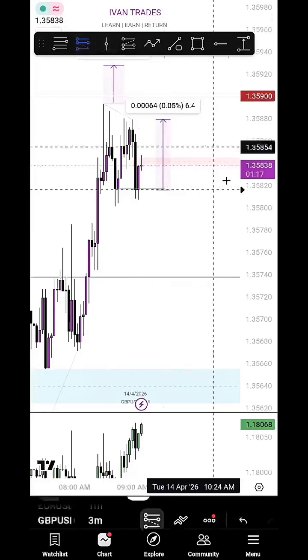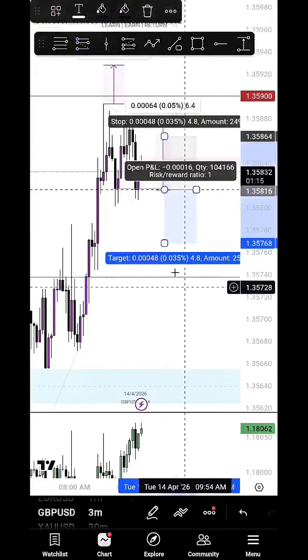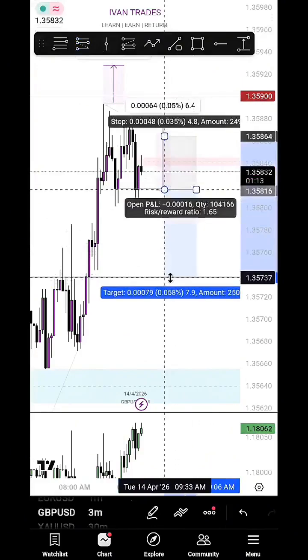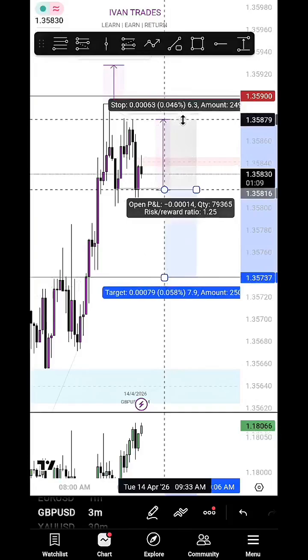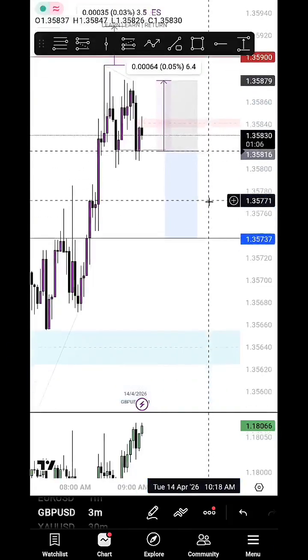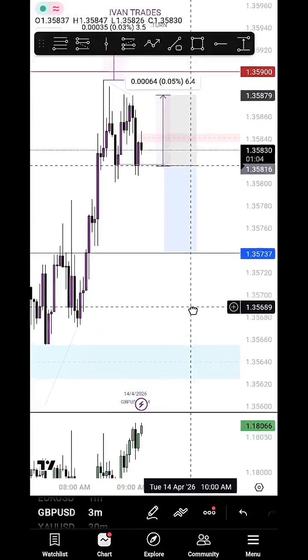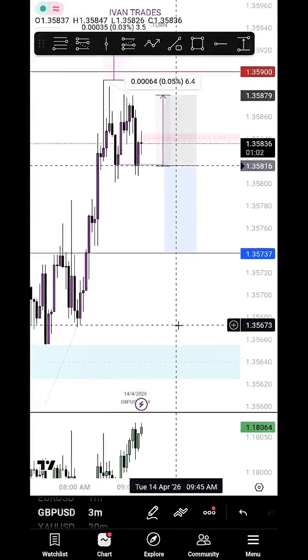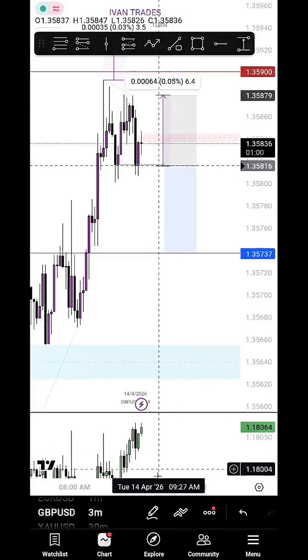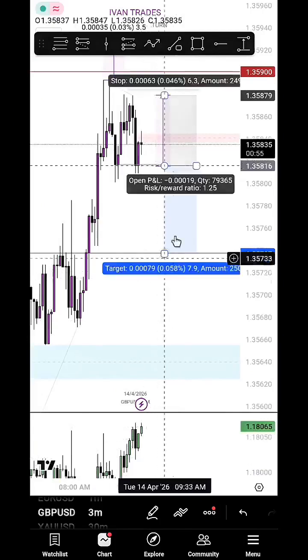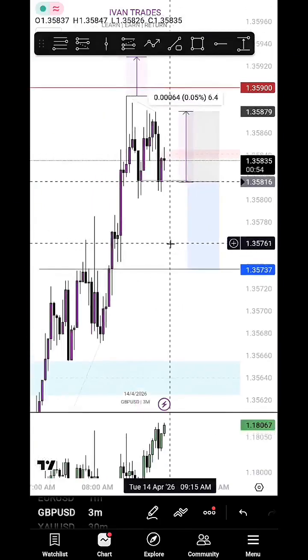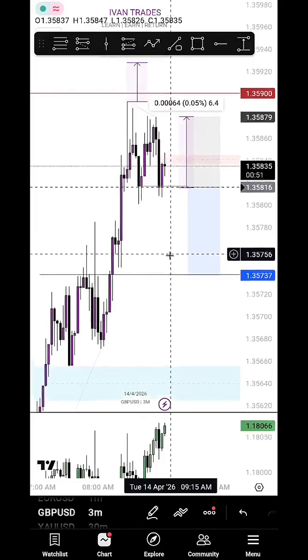Let me measure the amount of pips, 6 pips. Yeah, I can consider looking for a short opportunity on the GBPUSD, targeting the stops on these highs.